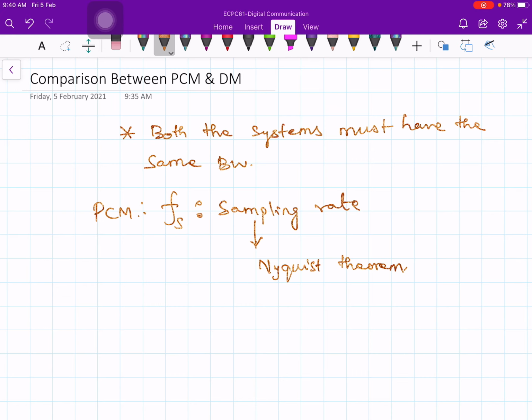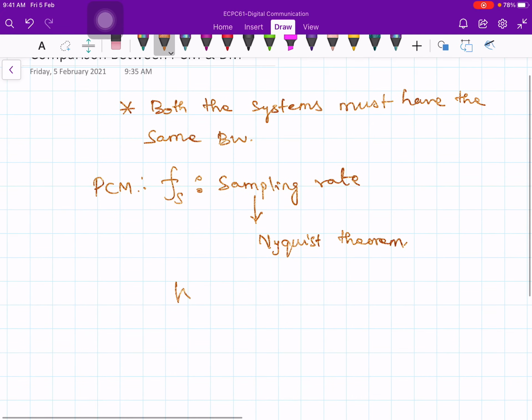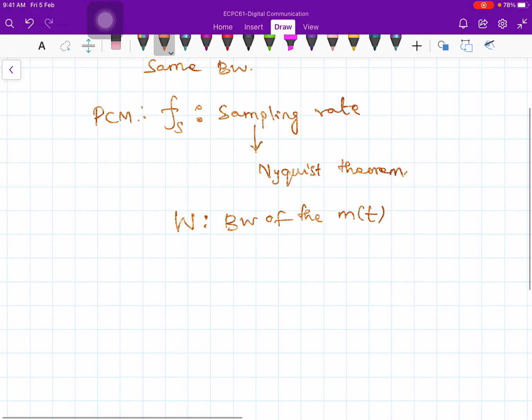Let's say capital W is the bandwidth of the message signal m of t. Now this Nyquist theorem says that the sampling frequency fs must be at least 2 times the bandwidth of the message signal m of t.